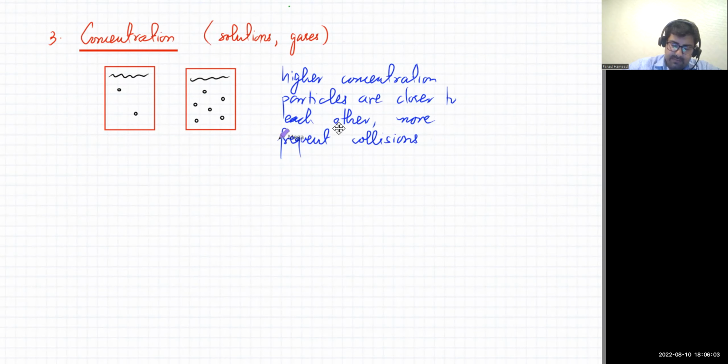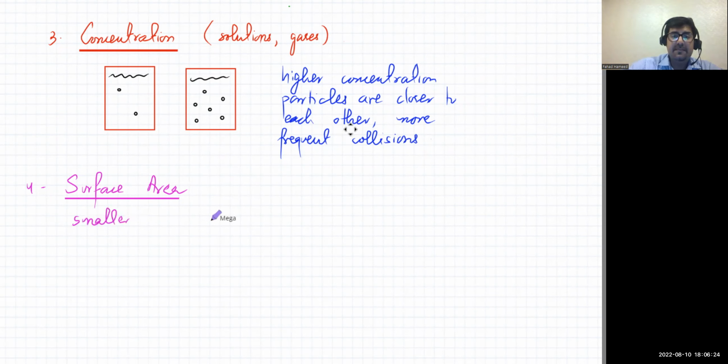That's number 4. What's number 4? Number 4 is we can talk about surface area. Okay, we'll just cover that quickly. Surface area is if the particle is smaller in size, they've got more surface area, which is like if it's powdered, it's got more surface area.